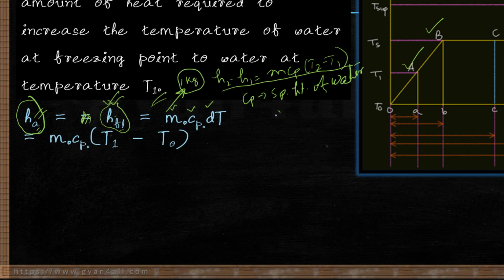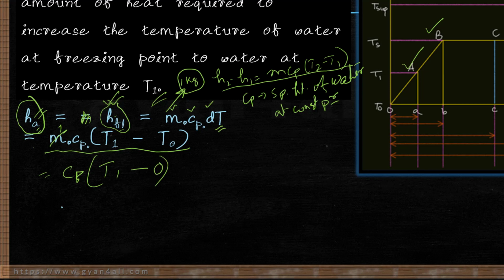Specific heat of water at constant pressure, that is Cp. We can also write Cpw, but we write only Cp. Now dT is the change in temperature. So this will be mCp dT, with m as 1. So it will be Cp, and T1 is T1. If T is not equal to 0, then it will be equal to Cp T1.